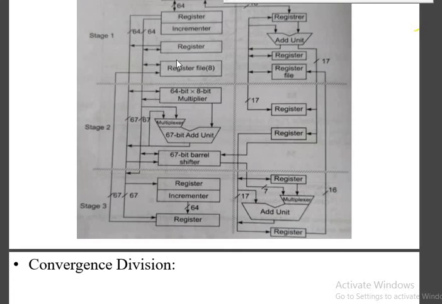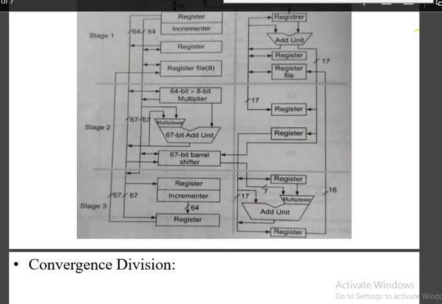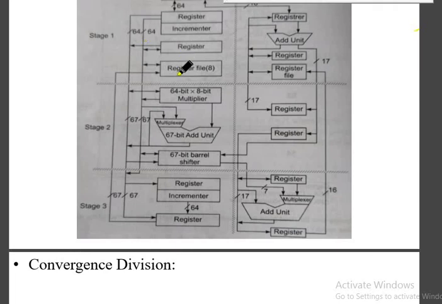Once the results are stored in the 64-bit register file, stage 2 takes the next level of calculation with the help of the multiplexer, so it goes for a little more precision. But the answer is not yet completed, so it is forwarded to stage 3, and stage 3 completes the work and gives the final result as output.